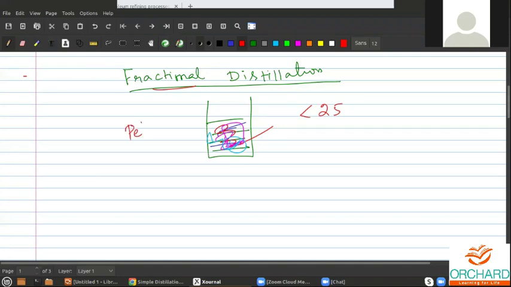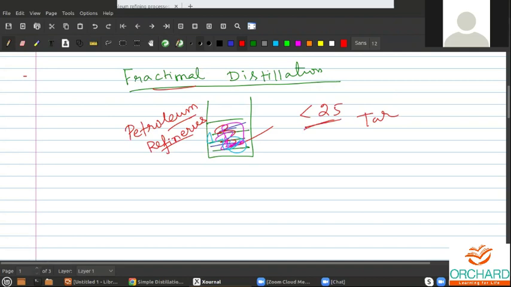Normally it is used in petroleum refineries, where you extract petroleum products from crude oil. Petroleum means not only petrol, diesel, kerosene, paraffin, naphtha, and other liquids, but even coal tar is a product. To separate those materials, we use fractional distillation.